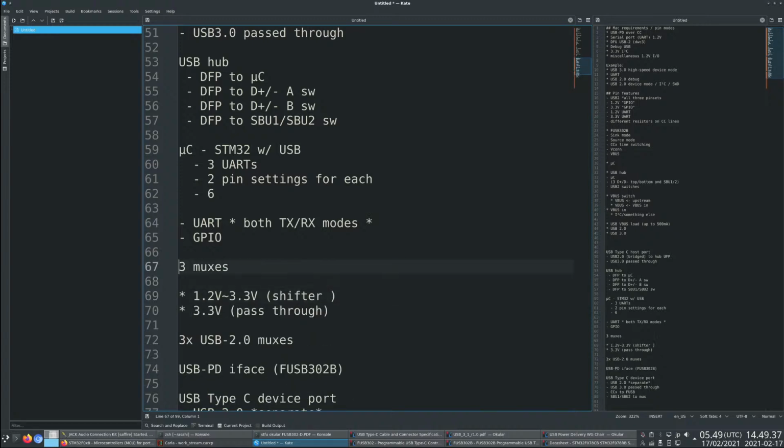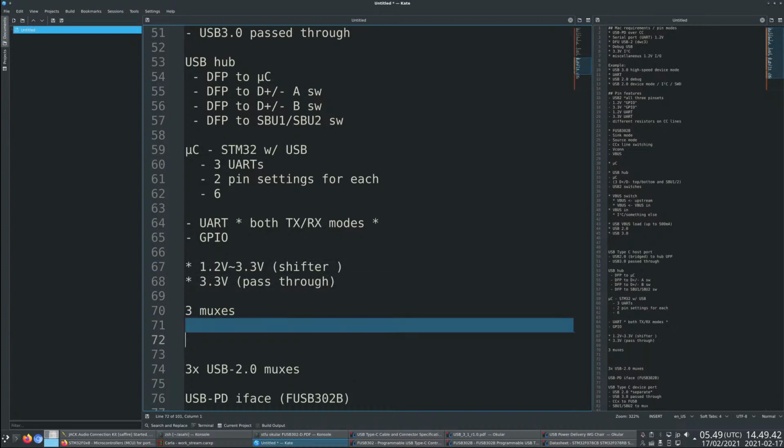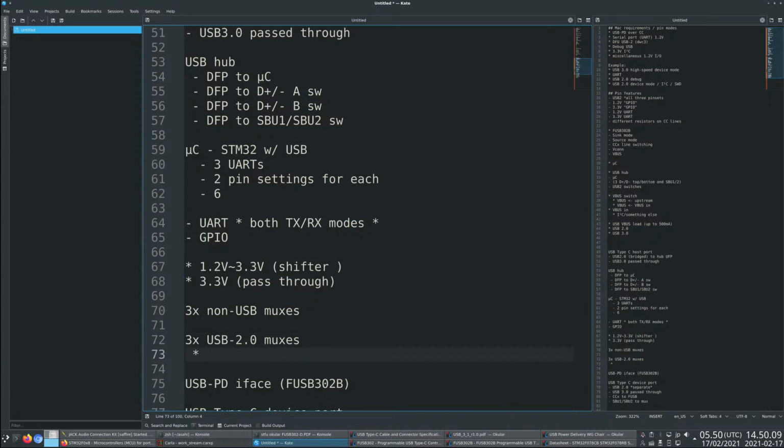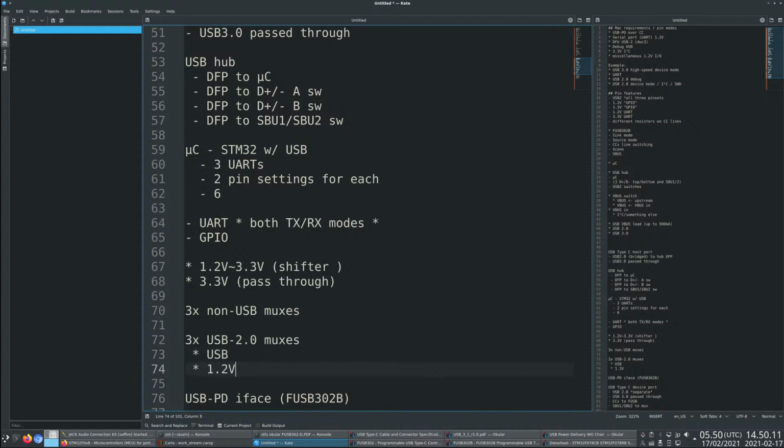So this could be either 3 muxes that switch between direct and the muxers, or instead of having 2 dual-throw muxes on this side, if we find muxes that can do 3 USB ports or 4 USB pairs on one end, then we can just use 1 set of muxes for everything, right? Each mux would switch between USB and 1.2 volt, the variable voltage mode, or the fixed 3.3 volt mode.